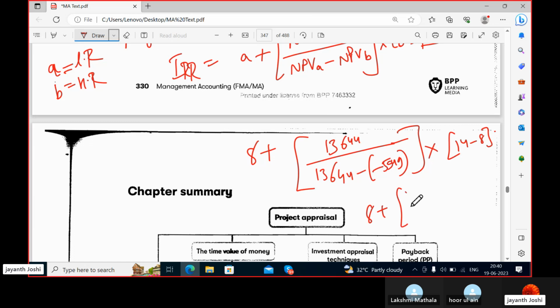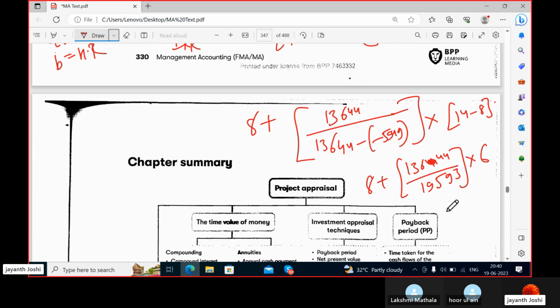So 8 plus 13,644 divided by 19,593 into 6. 13,644 divided by 19,593 is 0.696 into 6, 4.17. 8 plus 4.17, almost, it is like 12%.